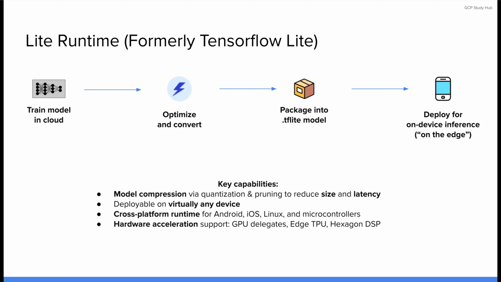So it can take advantage of specialized chips when they are available, although they're not always available because we're talking about lots of different devices here. And its low memory footprint means that it can run on devices with just kilobytes of RAM, not necessarily needing gigabytes, although we're getting more and more RAM in these devices these days.